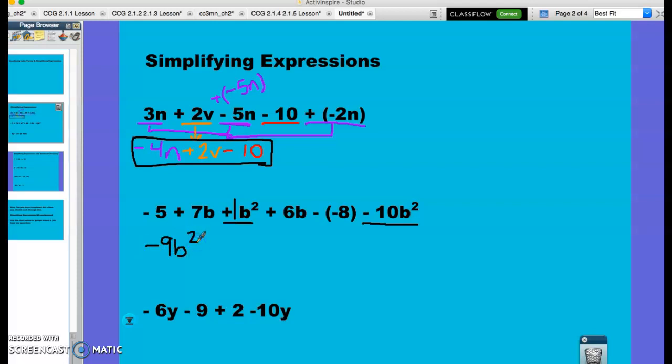Okay, now I'm going to move on to my b terms. So I've got this 7b and I've got 6b here. Notice how I also circled the sign that's with them. So that 7 plus 6 gives me 13b.